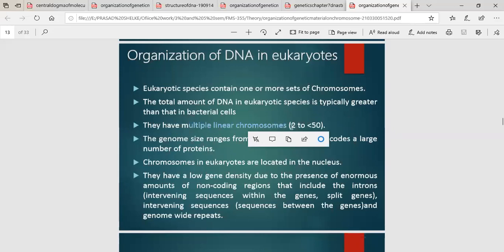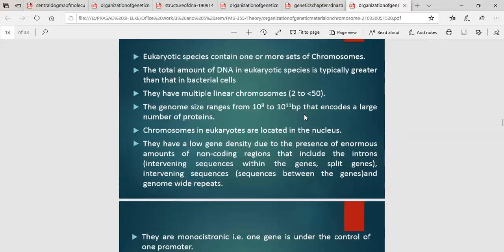It is a linear chromosome, numbering from 2 to less than 50. The chromosomes in eukaryotes are located in the nucleus, which stores these chromosomes, but they have low gene density.